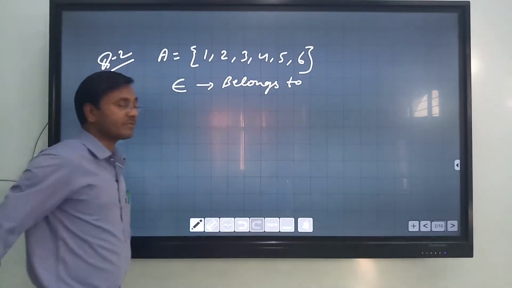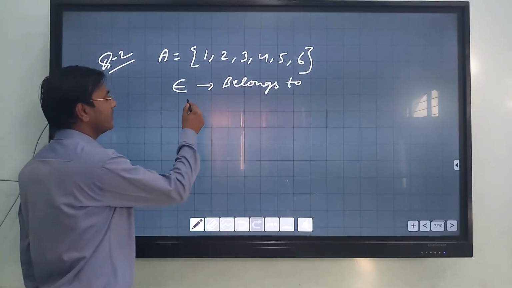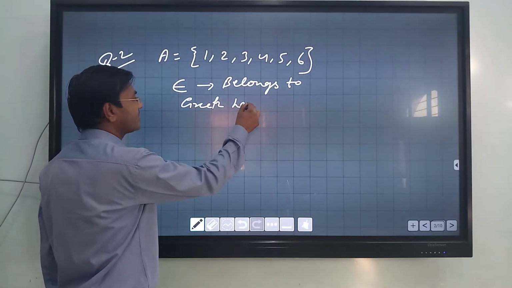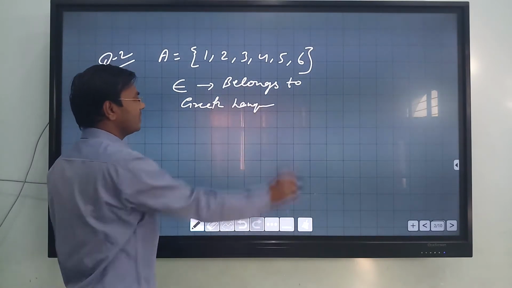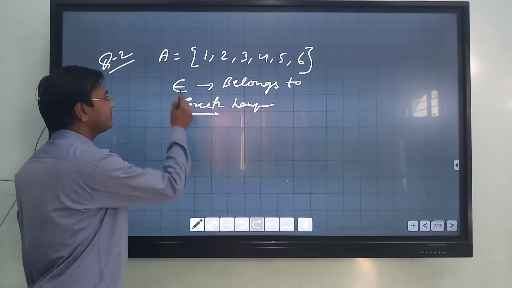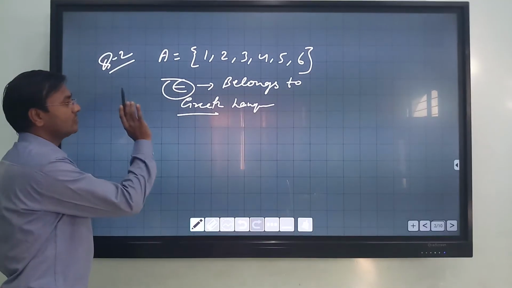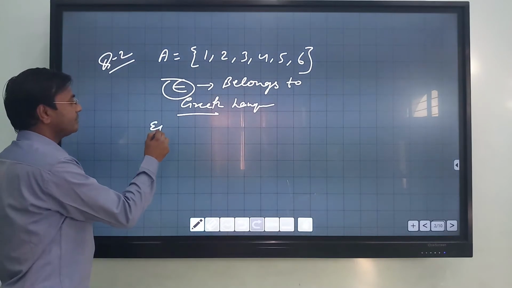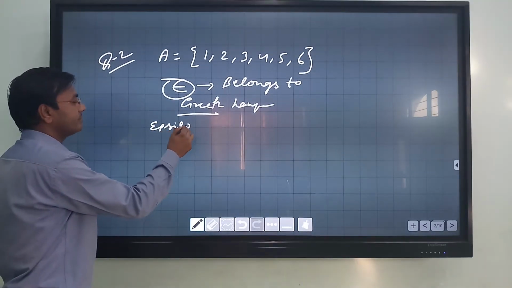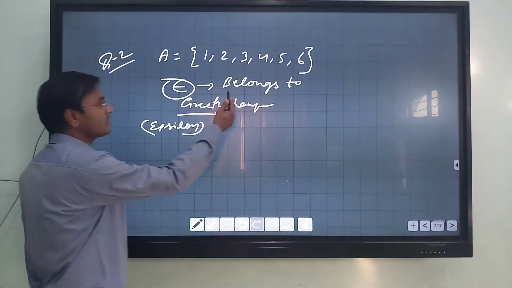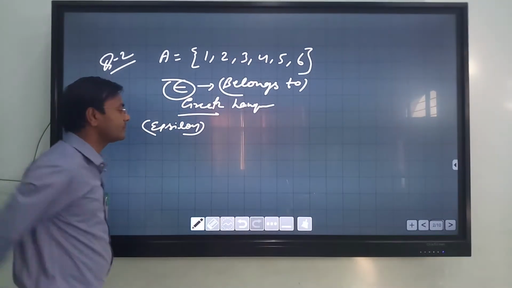It is which type of symbol? It has been taken from the Greek language. Epsilon, we read as epsilon, means belongs to.